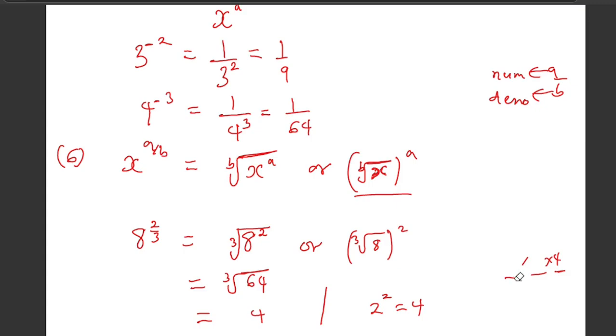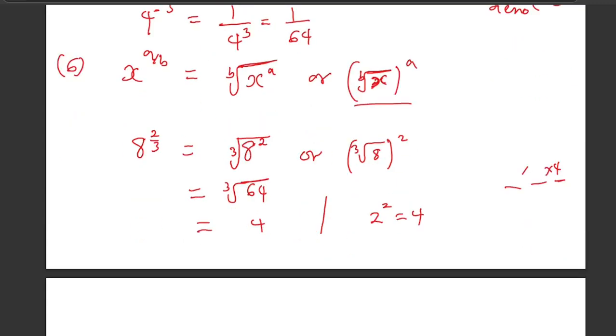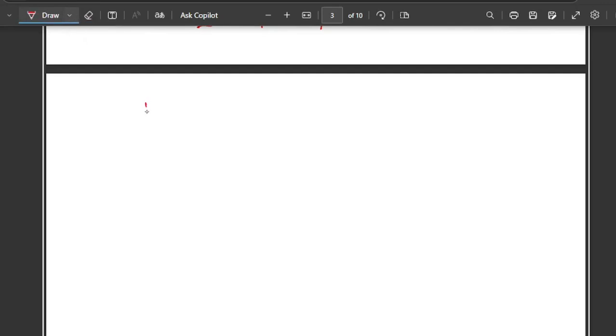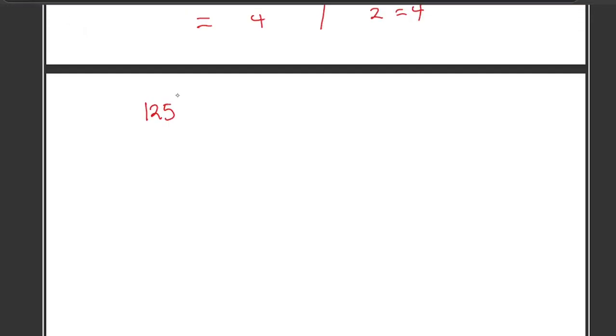Let's see another example. You have 125 raised to the power 2 over 3. So this becomes the cube root of 125. 3 is the denominator, so it becomes the root. Then 2 is the numerator, so it becomes squared.